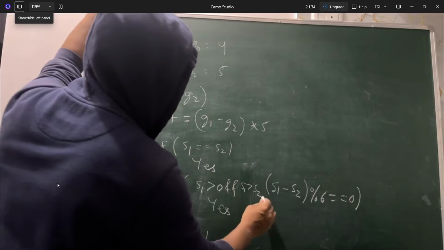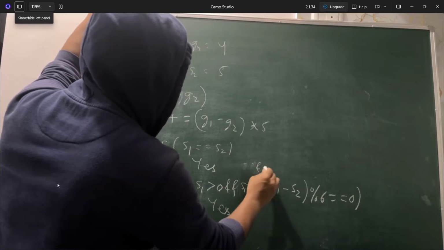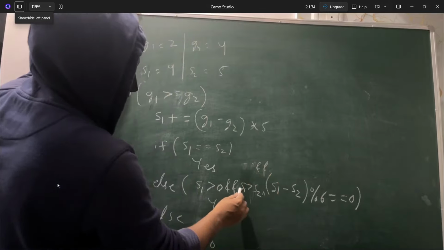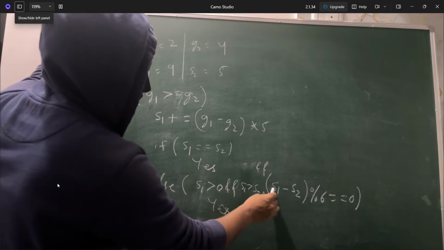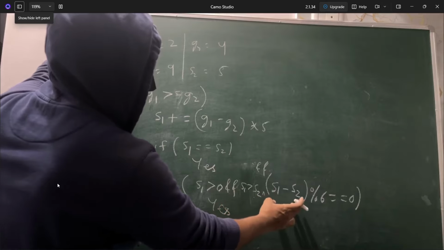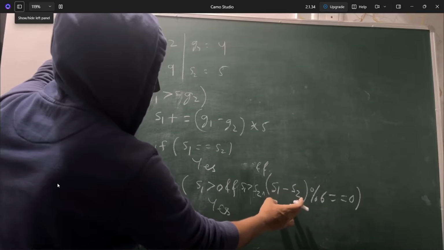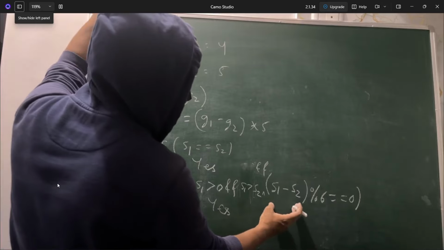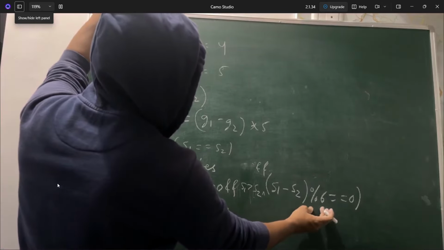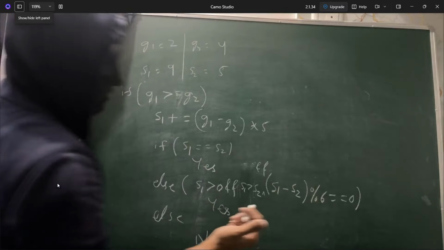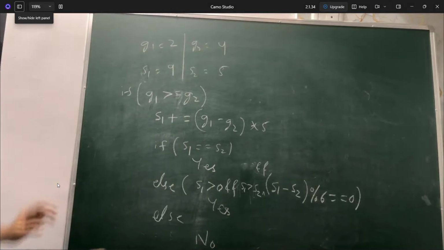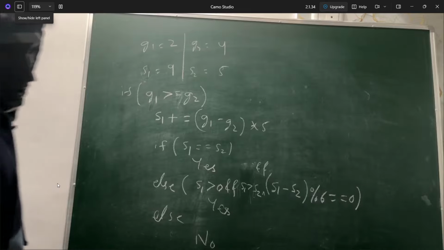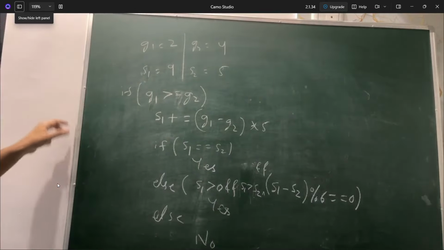And when you have s1 more than s2, the remaining silver coins, I mean s1 minus s2, should be exactly divisible by 6 in order to make the discard transformation. So I think you guys got it. And this was one of the if conditions.